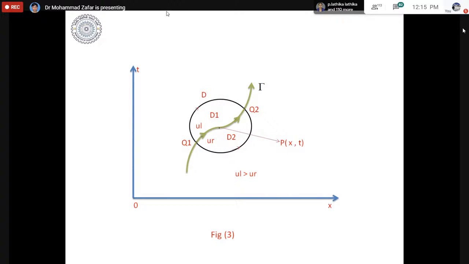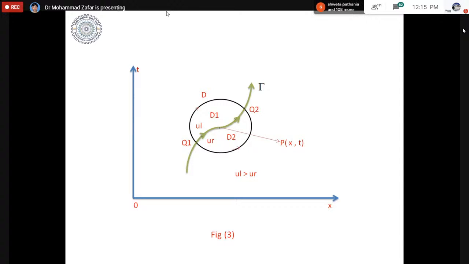If we apply Green's theorem on the two regions D1 and D2, in D1 we are going counterclockwise, and in D2 we are going clockwise. So for one integral we put a plus sign, and for the other a minus sign, using Green's theorem.